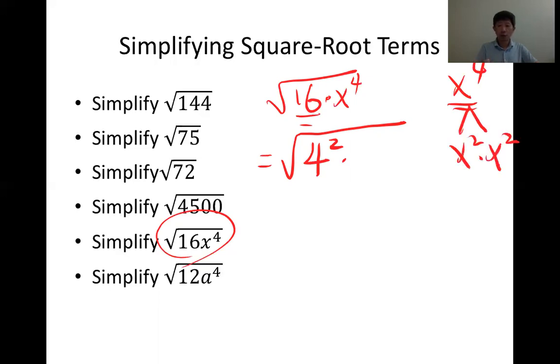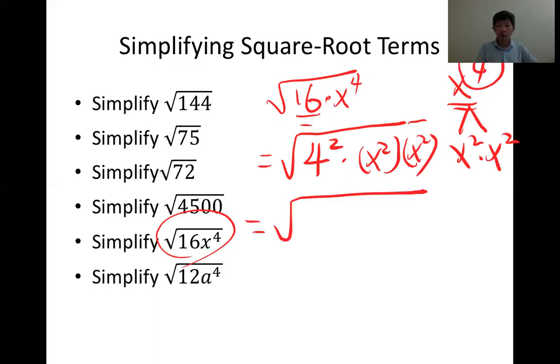That's why we make it x to the 4. So the square root of 4 squared times x squared times x squared.